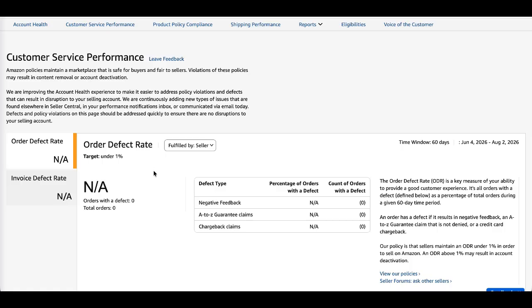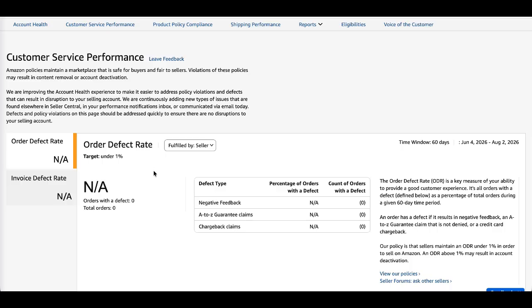What Amazon does is immediately give the refund to the customer, but also count it as one defect in your account health. Now it is like a double-edged sword.